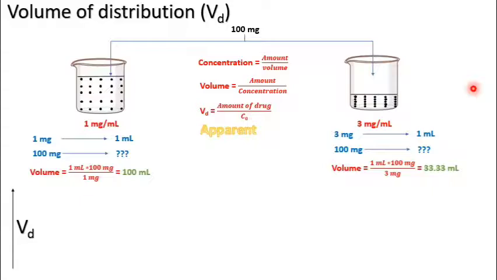It's now concentrated in our tissues. And on the other side, a drug with a small volume of distribution has a large concentration in plasma, and it's concentrated more in plasma, not in the tissues.